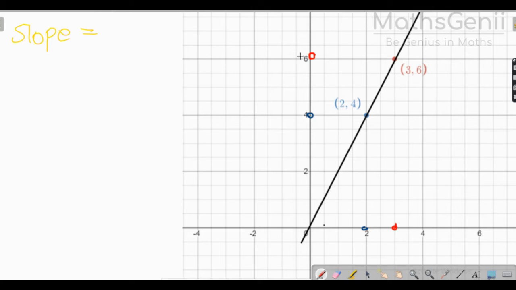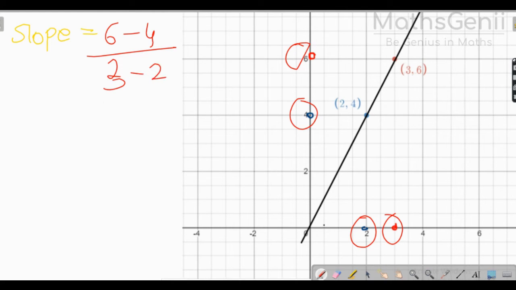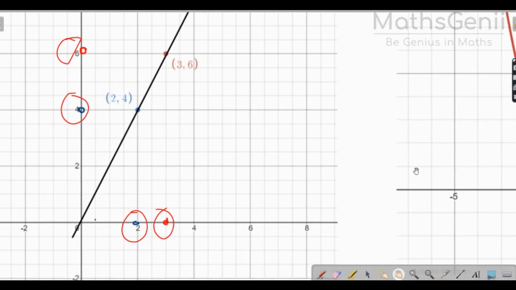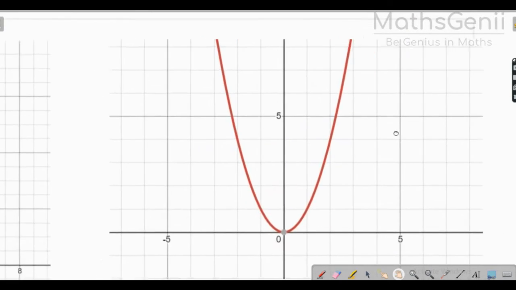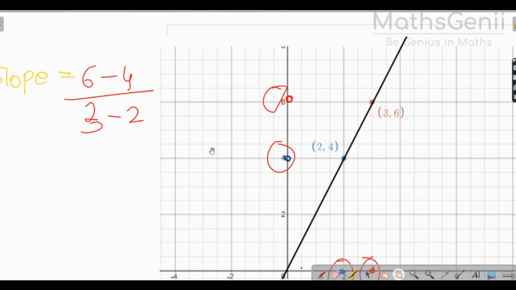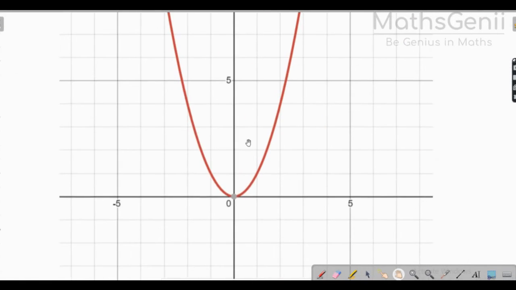So y was this 6, this 4, and then x was this 2 and this 3. Correct? This is how we calculated slope. Now, in order to derive, pay careful attention. First, let's see how derivatives is defined. So this we will keep aside. We'll come back to this after a minute.